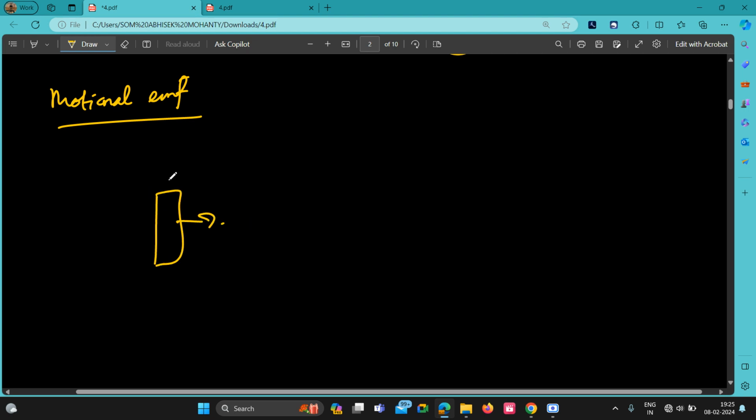Okay, next is motional EMF. What is motional EMF? Due to the motion of a conductor, EMF will be produced inside a magnetic field. There is motion of the conductor.